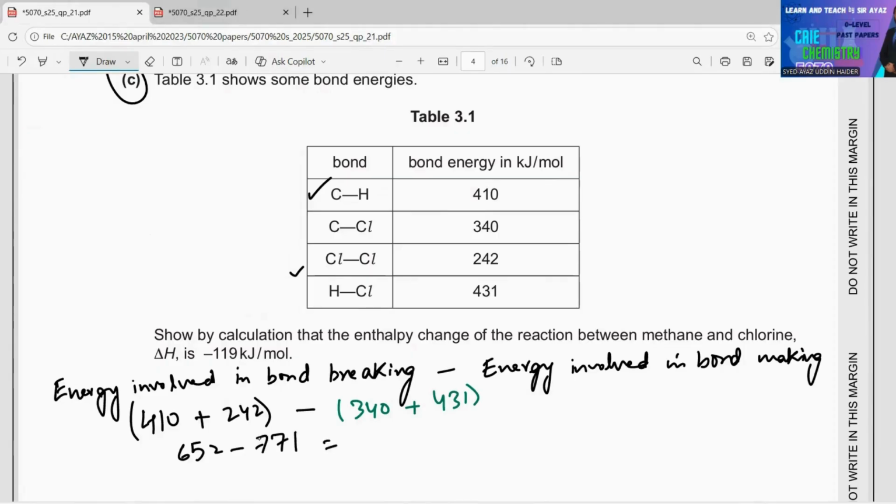So if you subtract 771 from 652, what you will get? You will get minus 119. So this will be the final answer.